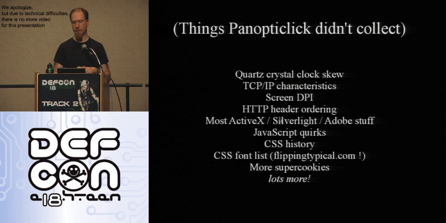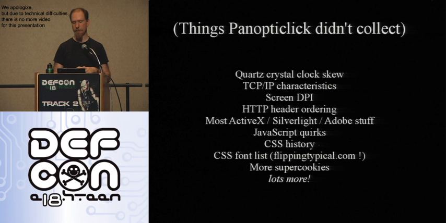There's lots of stuff in the ActiveX, Silverlight, and other Adobe libraries that we didn't have time to dig through, but you can do that. There are quirks to the way each browser has implemented JavaScript that could be identified with the right code. And there's a really nasty bug, just recently being fixed in browsers, where you can measure the history of a browser using CSS detection.